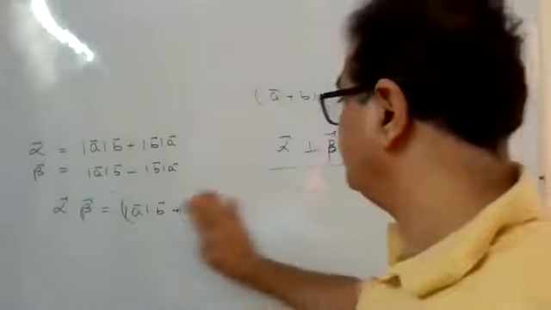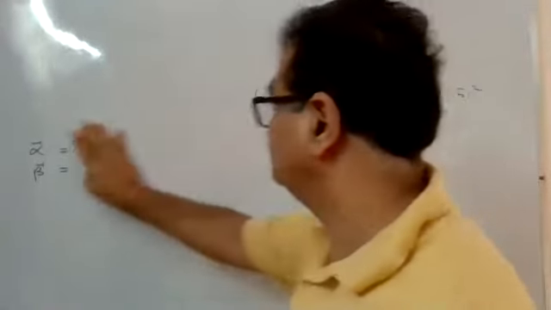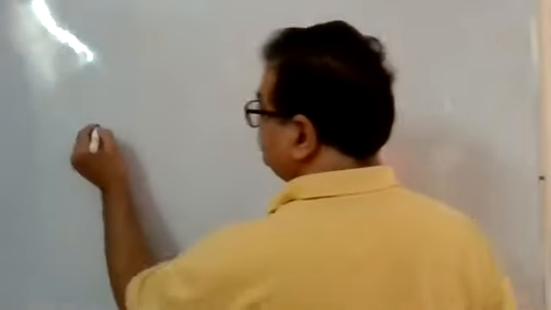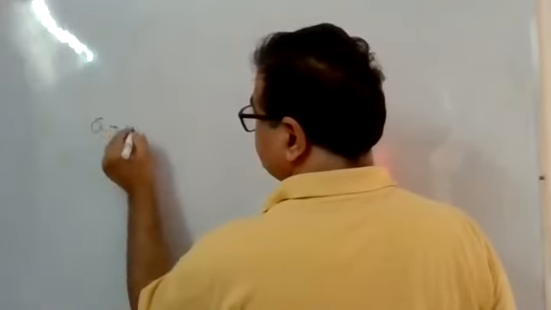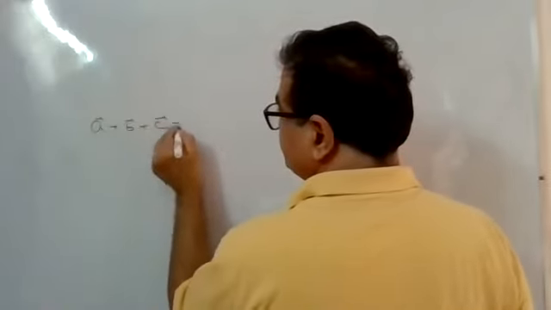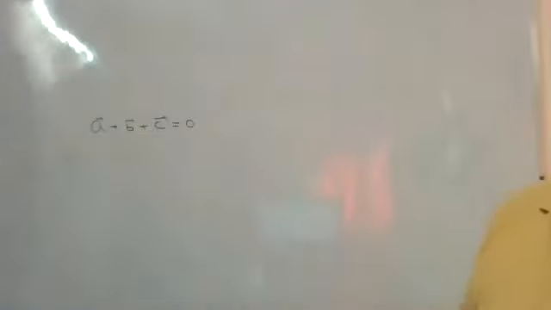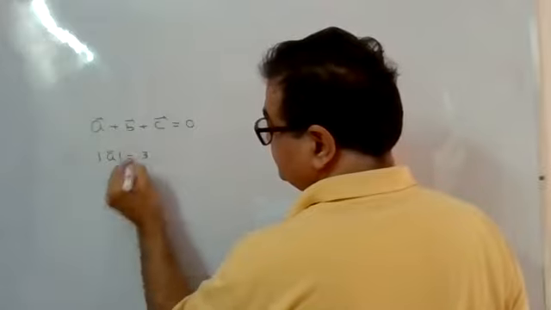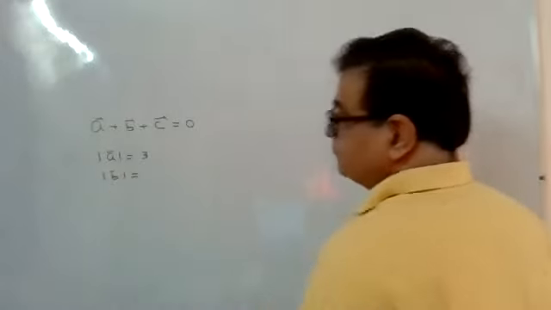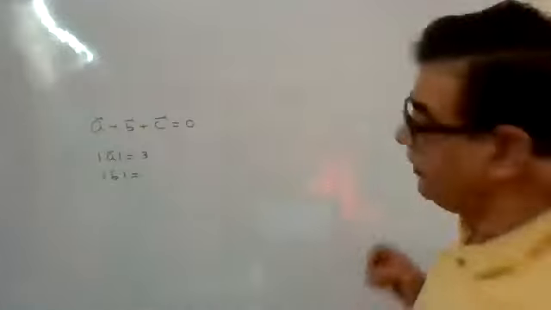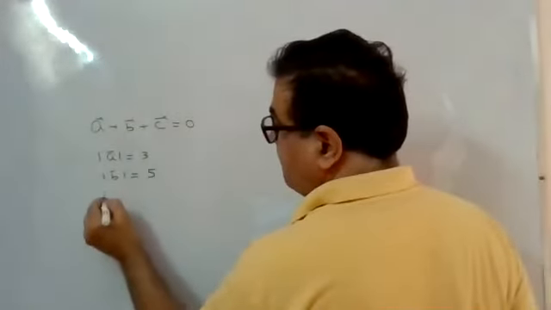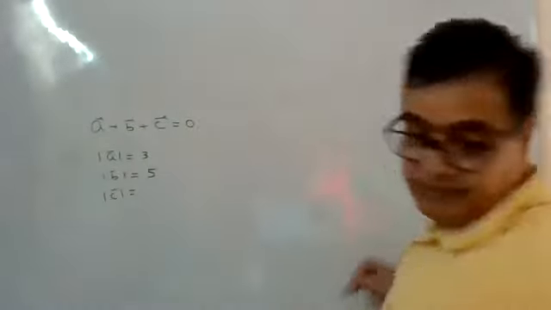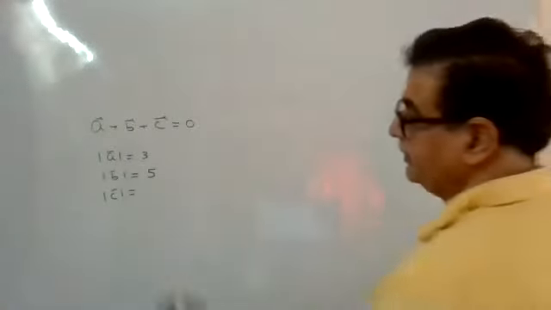If vector A plus B plus C is 0, magnitude A is given 3, magnitude B is given as 5, magnitude C is given 7.